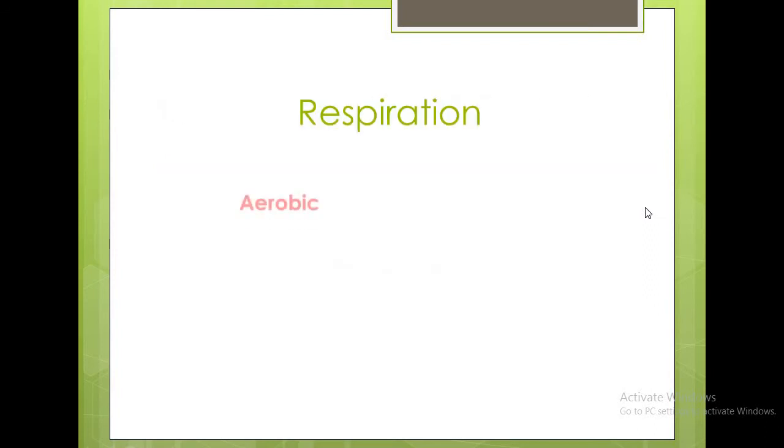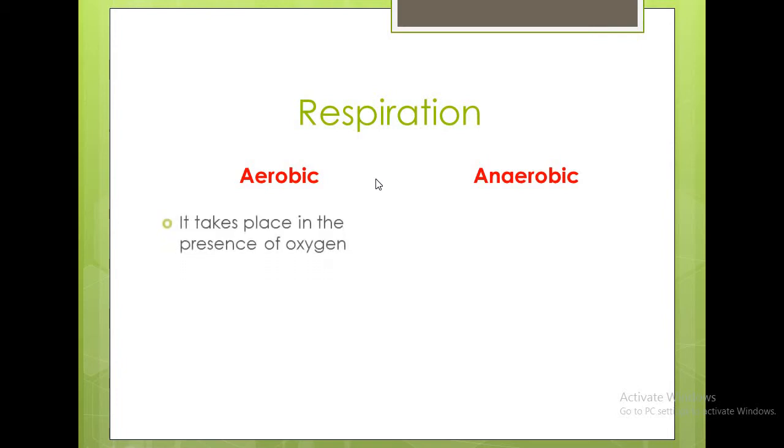And what are the different types of respiration we're going to learn? Respiration is of two types: aerobic respiration and anaerobic respiration. In lower classes you may have learned about aerobic and anaerobic, and we are going to learn the same thing, but with a little extra knowledge on respiration.